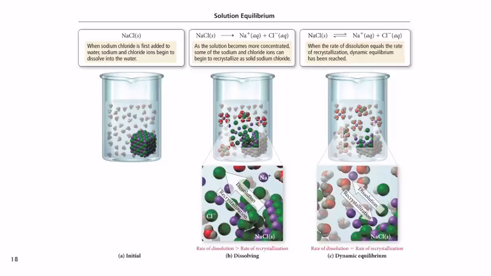Yeah. So is that why mixing and dissolving things sometimes takes a long time? It's because it has to wait for some of them to pair back up so that others can fall apart? Is that what you're saying? Well, dissolving is going to take some time because as these sodium and chloride ions are solvated through the ion dipole forces with the water molecules, they have to move away so that new water molecules can come in, right?